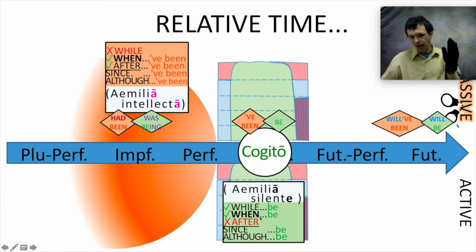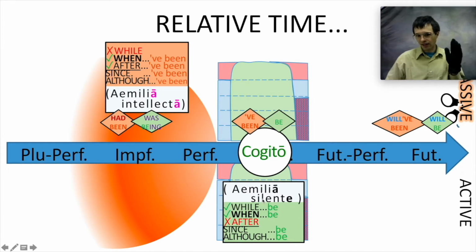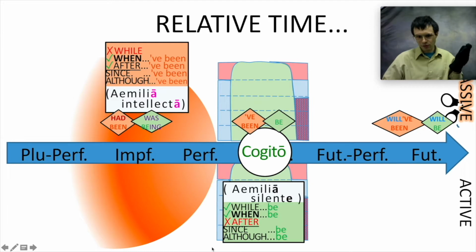You can't really say after is. After Amelia is silent, I think. No. That's a contradiction. You should have said after Amelia was silent or when Amelia is silent, but not after is. That makes no sense. So you just really can't use that. Just be aware of that.